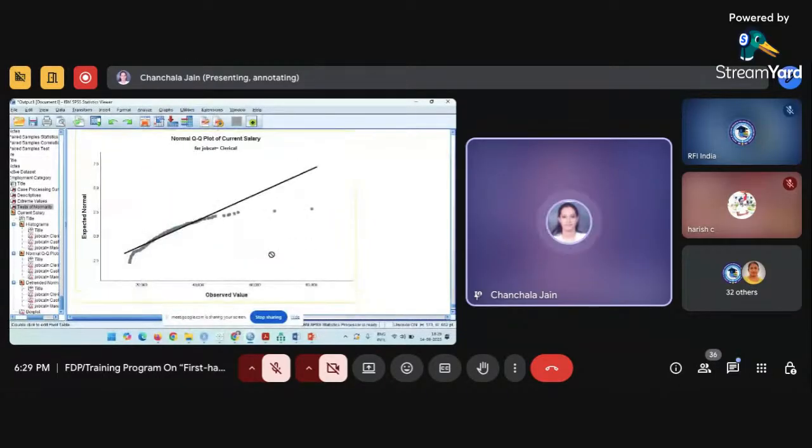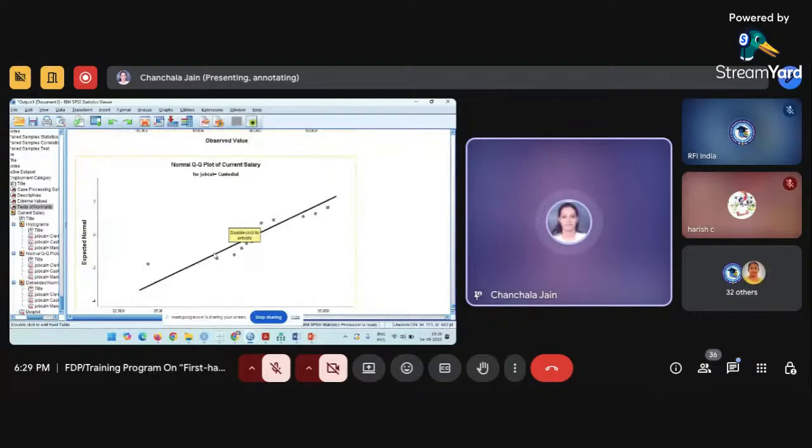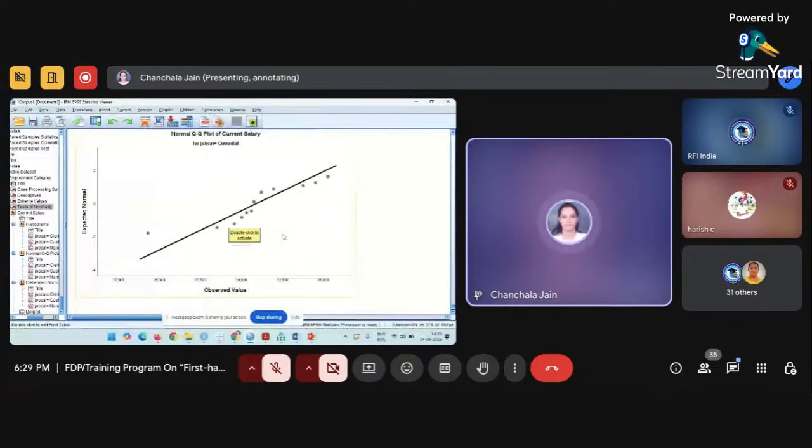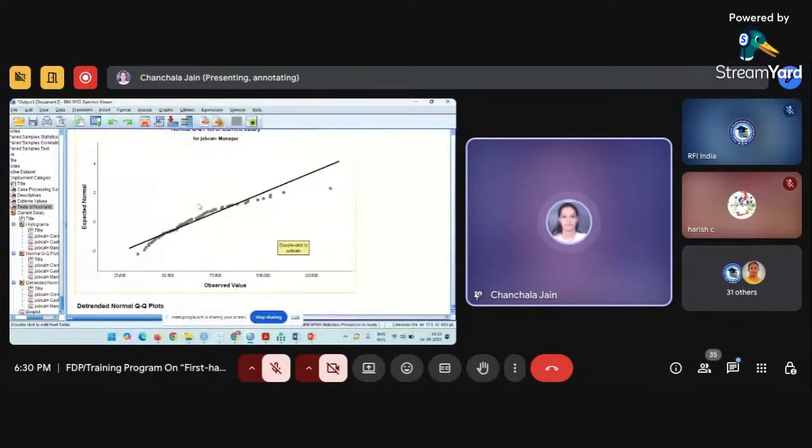In the QQ plot you can find it positively skewed because the curve goes a little upward from the line. For the custodial staff, it is very difficult to ascertain normality using the QQ plot. Looking at the manager staff current salary, most of the points are going above the line. That means it is positively skewed.